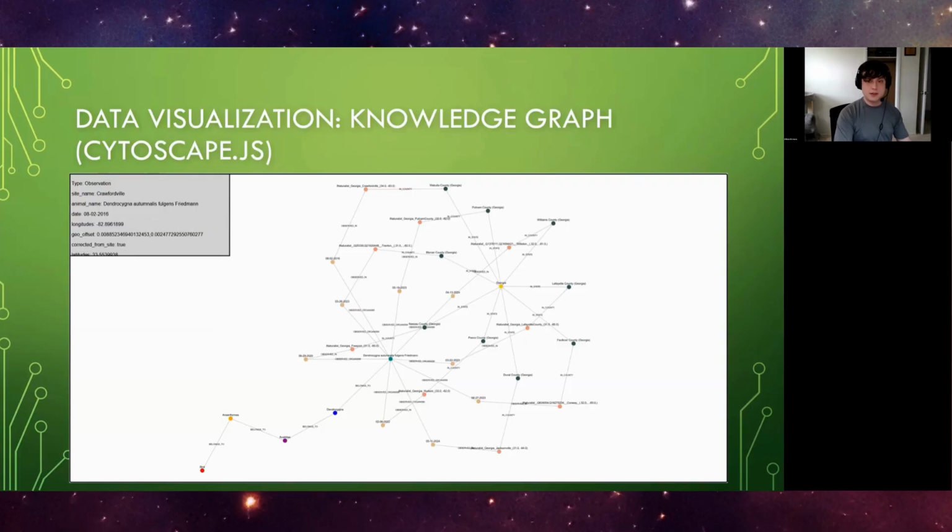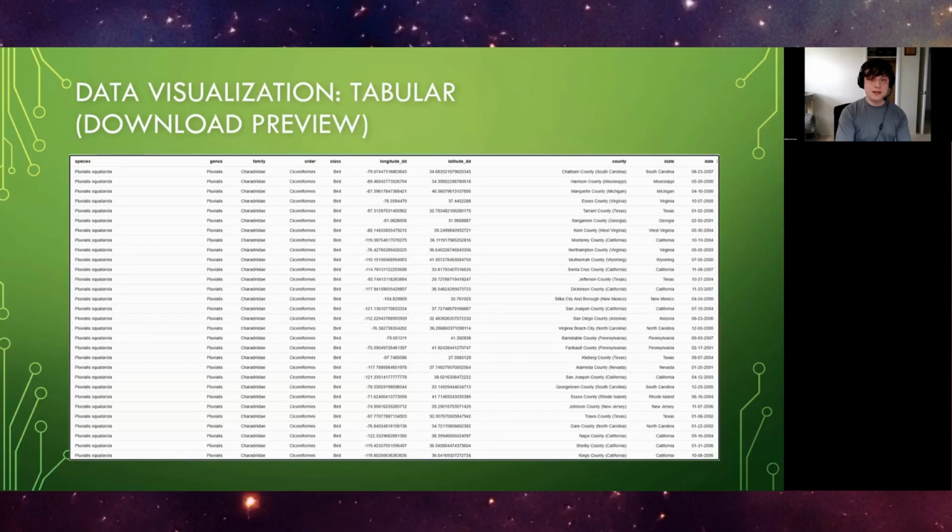So if you're interested in learning more about how we actually have structured the knowledge graph, this is the view for you. And this is built using the Cytoscape.js library, which, if you're interested in visualizing knowledge graphs on a client-side application, this is the library for you. And then finally, the tabular view, which is also the preview of exactly how the data will look when you download them.